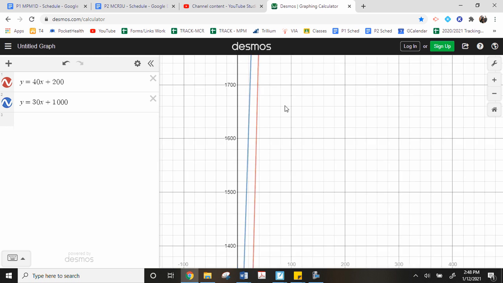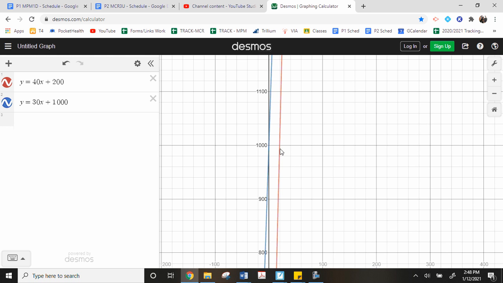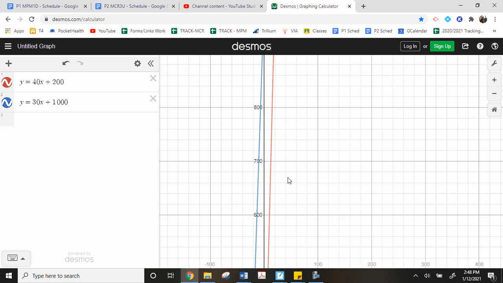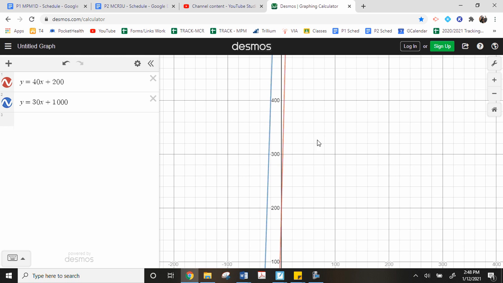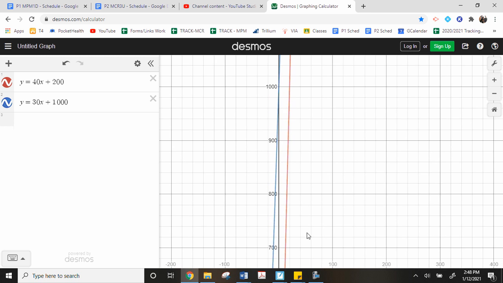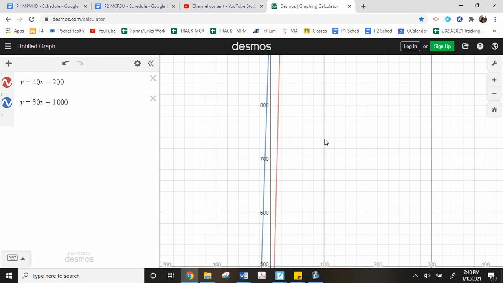So if I look here, our red line represents the Waverly Inn because it's got a y-intercept down here for 200. And then our blue line represents the Niagara because it's got a y-intercept of 1,000. If we're looking at this right at the get-go, it's cheaper to go with red.